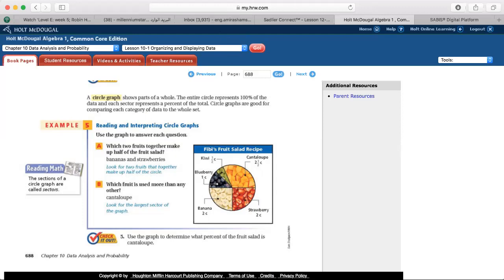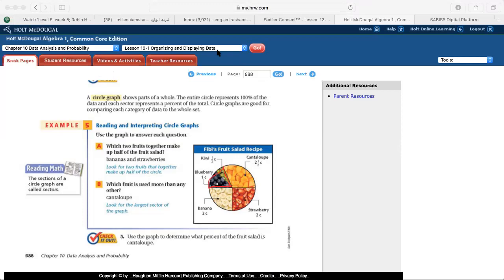Let me draw here. If I choose the cantaloupe and the strawberry, it doesn't show a half. If I take the blueberry and the banana, no, it doesn't show a half. If I take the kiwi and the blueberry, of course, it doesn't show a half.